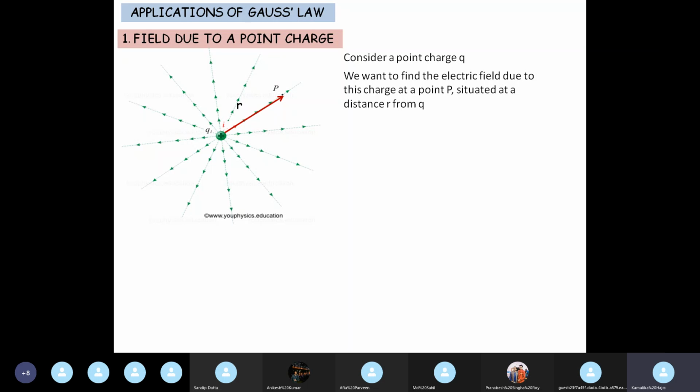We know the formula for the electric field at a point P at distance r from Q, which is simply Q by 4 pi epsilon naught r square.